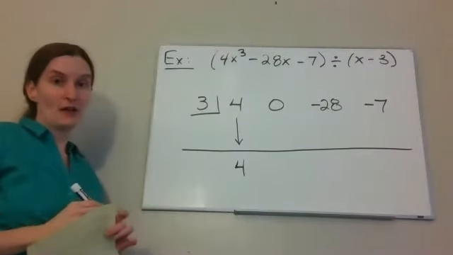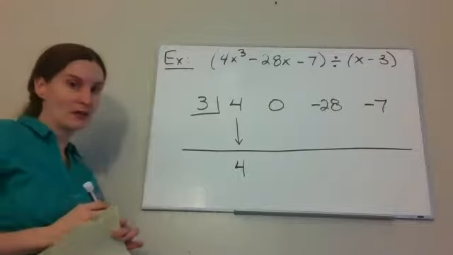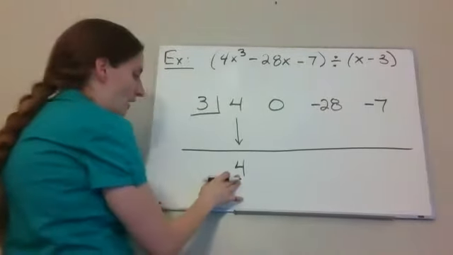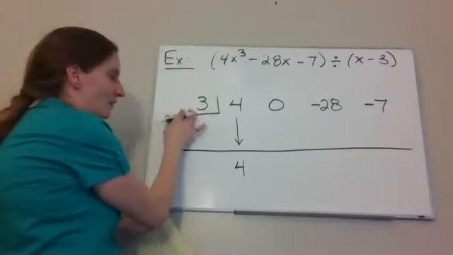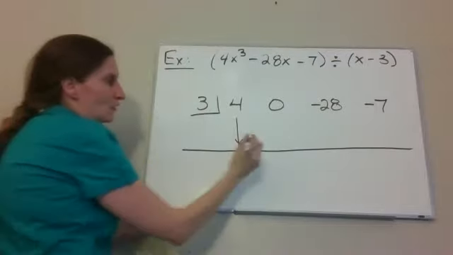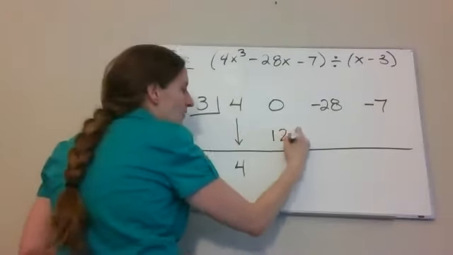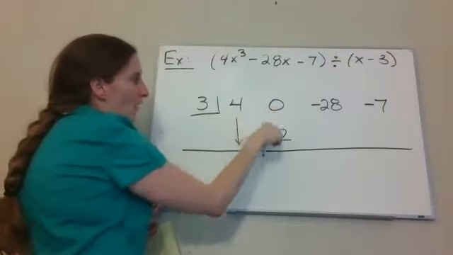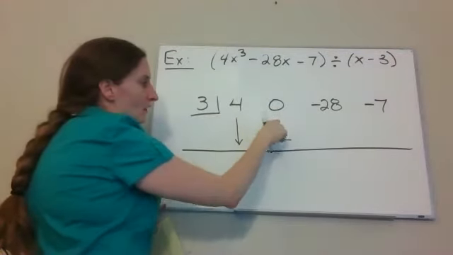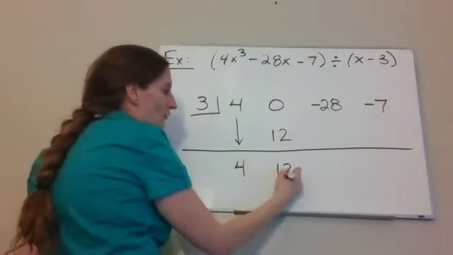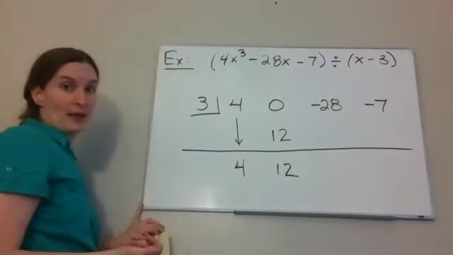And now is the multiplying and adding part. Take the number below the line, multiply it by c. 4 times 3 is 12. Write it down in the next column. Add the column together. 0 plus 12 is 12. And now we repeat.